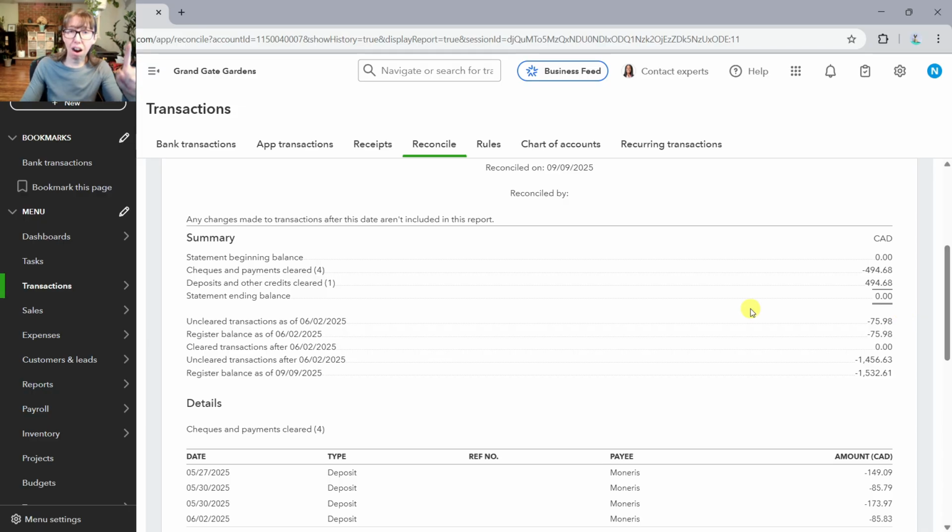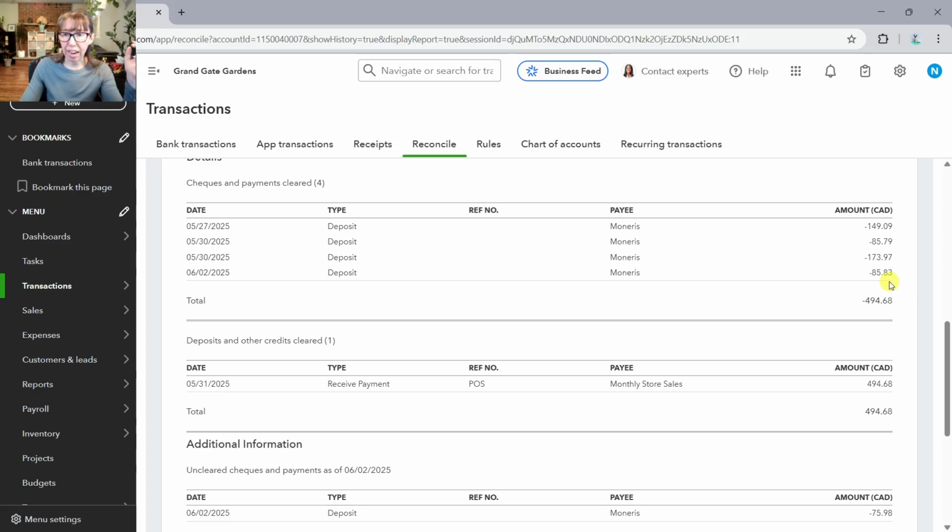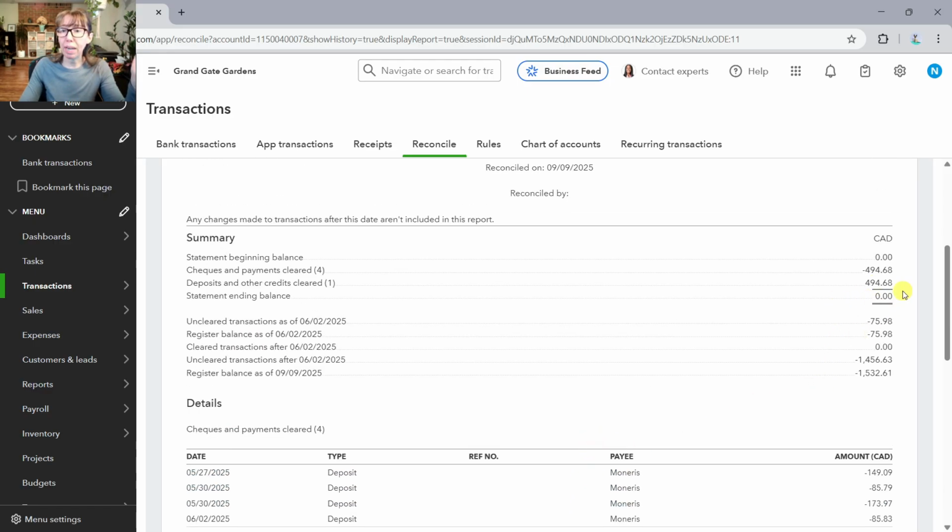But there are debit and credit processing merchants who put in combined deposits for more than one day. I have even seen Moneris do it as well, though not as often. But there are other very popular payment processors that do combined deposits. But if Moneris had put in the $85.83 and the $75.98 together as one deposit, part of it related to May and part of it related to June, we wouldn't be able to put in the 0 statement ending balance.